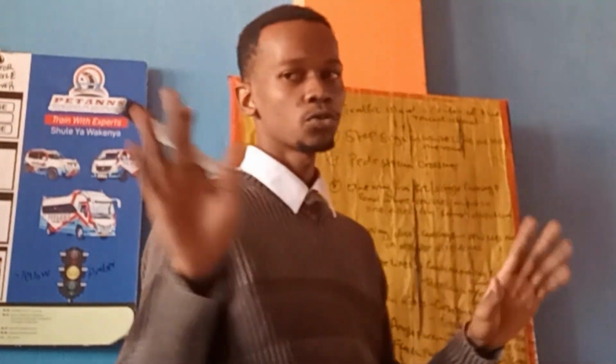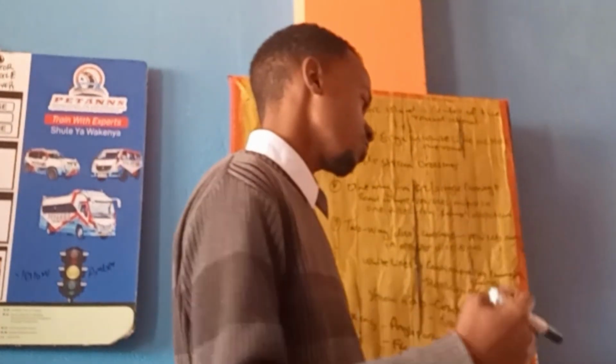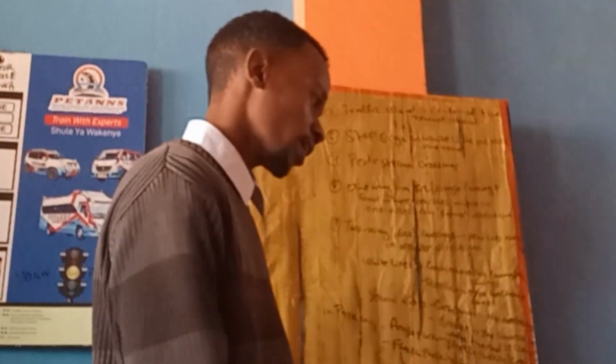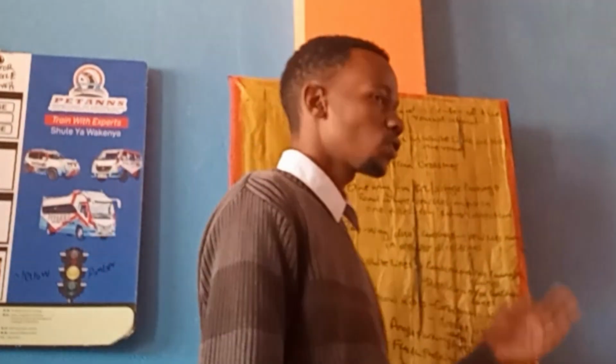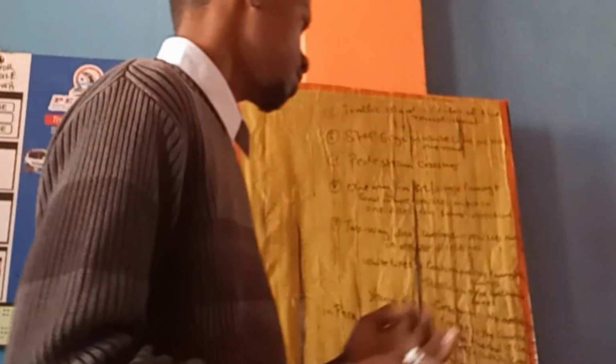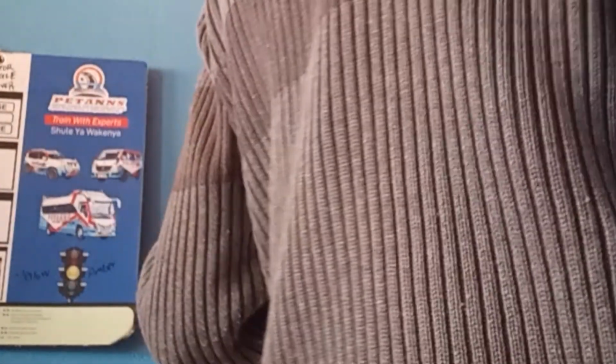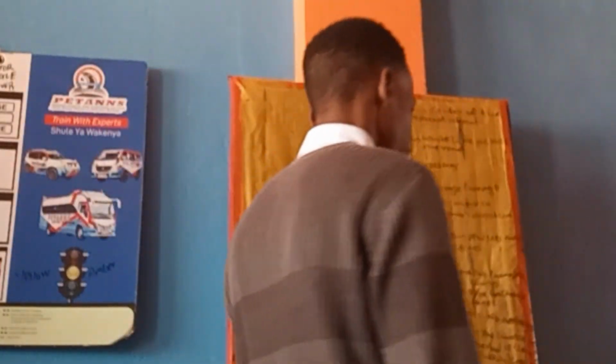Kuna venye mnaingililia venye mnaelekea. You can also say it's controlled because it is safe and secure, hence it can be called controlled parking. Then ikikuja kwa flash parking, inaitwa flash parking.